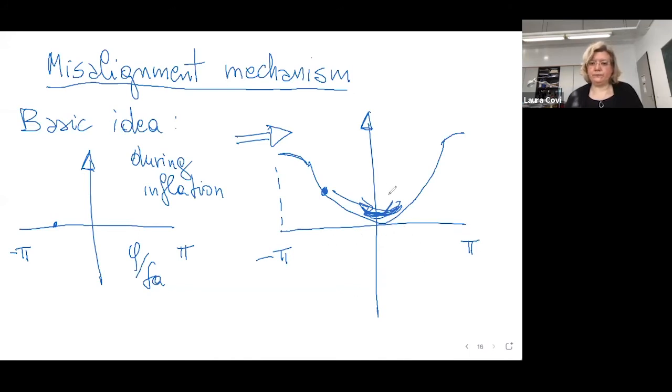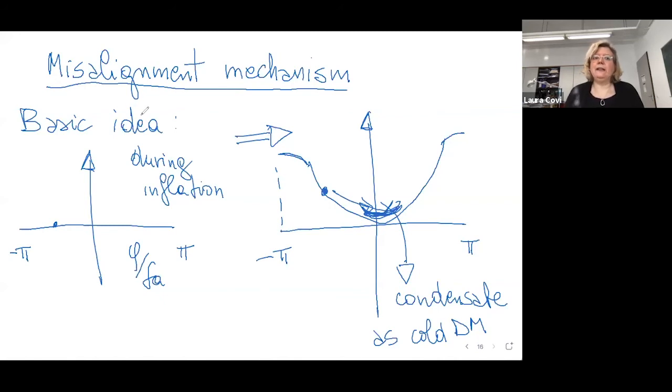Practically, it is a condensate behaving as cold dark matter. And this is exactly the misalignment mechanism. It is called misalignment in the sense that the vacuum state during inflation is not aligned with the vacuum state at the end, which is actually 0.